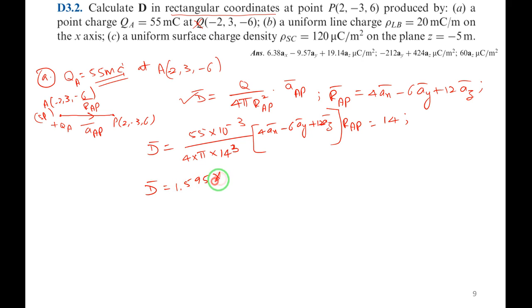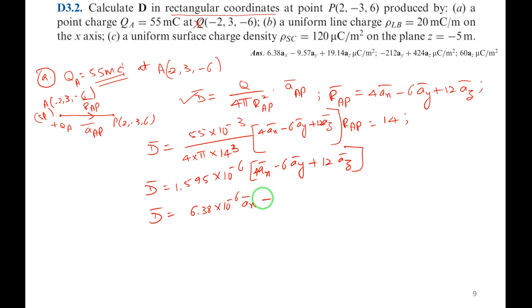So it is 1.595 into 10 power minus 6 into 4ax minus 6ay plus 12az. Multiplying, the D vector is 1.595 exponential minus 6 into 4, so 6.38 into 10 power minus 6 ax.